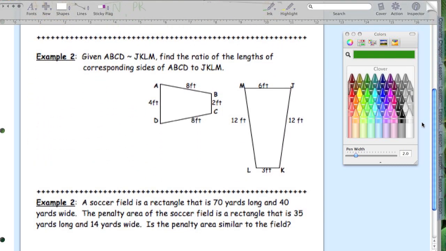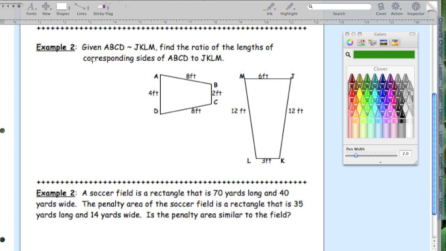Alright, now let's apply this. Given quadrilateral ABCD similar to JKLM, find the ratio of the lengths of the corresponding sides of ABCD to JKLM. Alright, so we saw in our other property, we just have to pick one pair of corresponding sides. Whatever that ratio is, it's going to be true for the whole thing. So I'm going to do, how about the first two, AB.